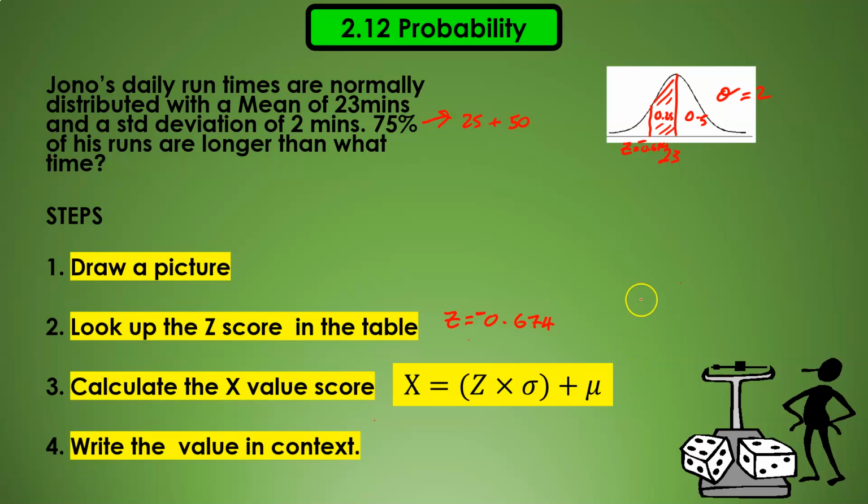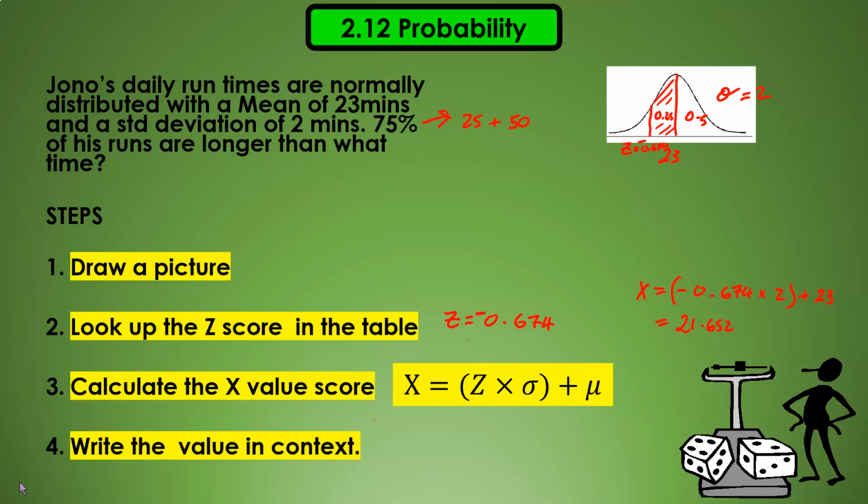So X is equal to our Z, which is minus, and the minus is really important because otherwise you're not going to get a score that's lower than the mean, which is what we want, times the standard deviation, which is 2, plus the mean is equal to 23, and then we can do that calculation, which gives us 21.652.